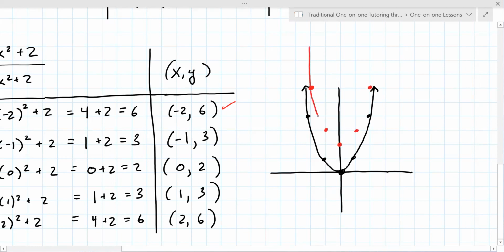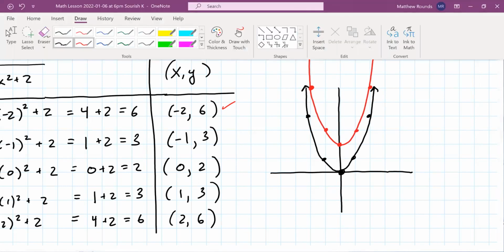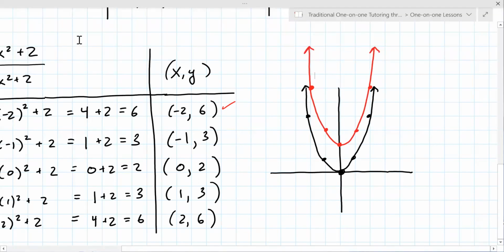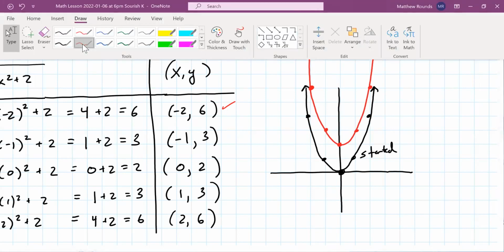Now, in your own words, tell me what the difference is between the red and the black curves. The black is what you started with, and the red is what you ended with. It was the transformation.